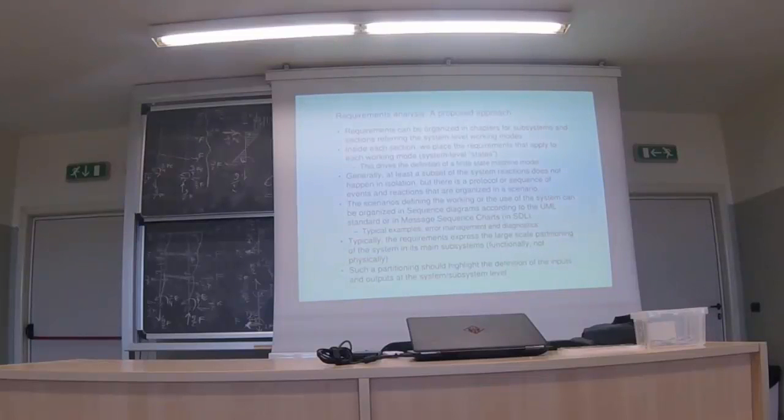And this partitioning should highlight the definition of the input and the output, not only at the full system level, but even in the subsystem one. So we know that we can have cameras and radar in a car, but we can also have output from the external cameras, which are not just the images, but some metadata which have been elaborated from some kind of input, a smart sensor. Okay.